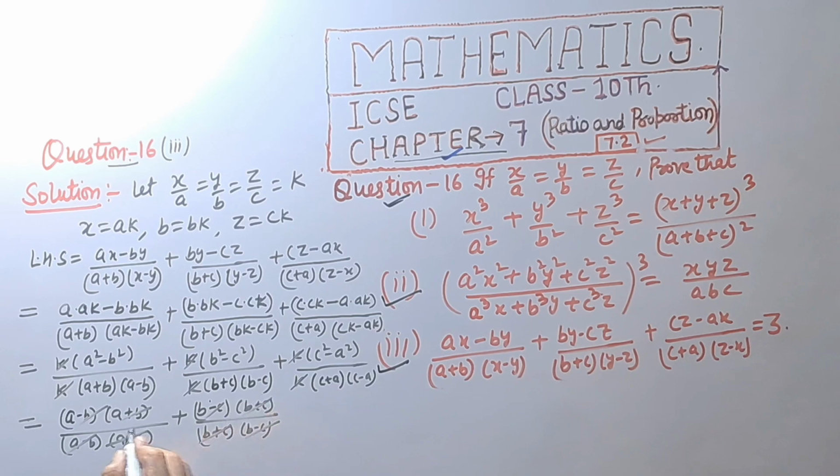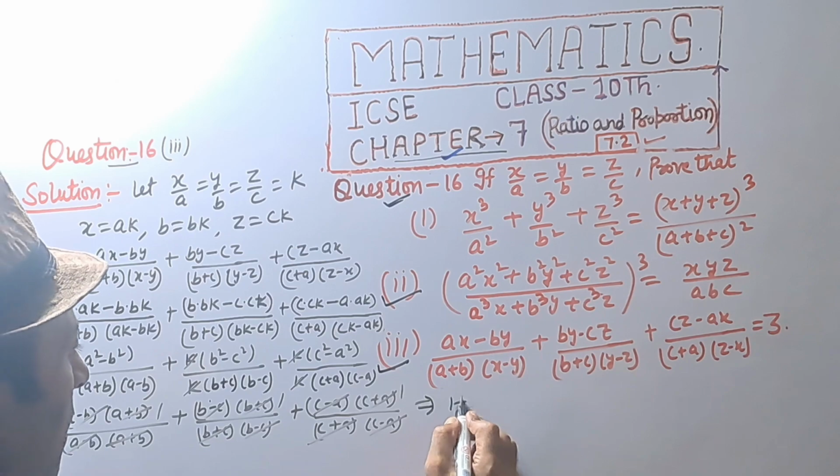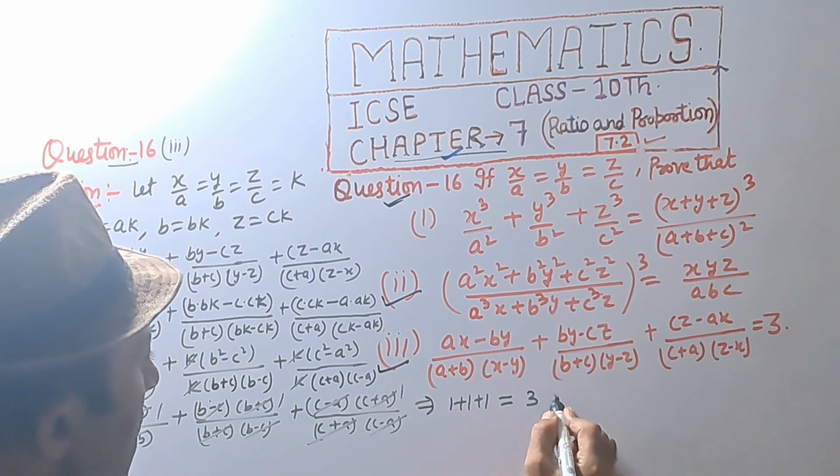This is cancel, and we get 1 plus c minus a into c plus a divided by c plus a into c minus a. This is cancel, and we get 1 plus 1 plus 1, that is equal to 3.